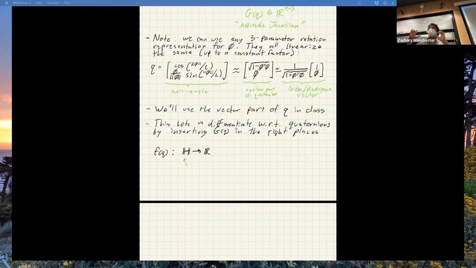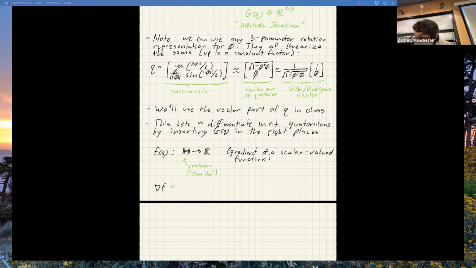This is the notation for quaternions after Hamilton. So this is the gradient of a scalar valued function. So this looks like grad F.